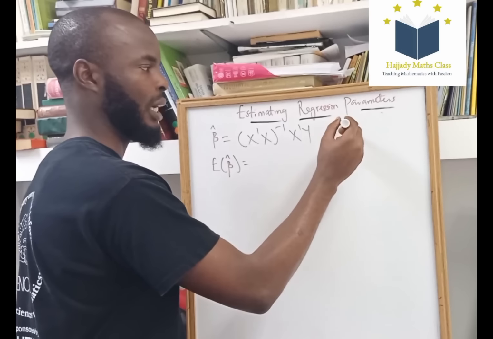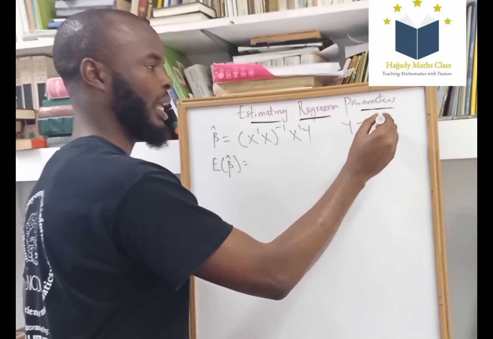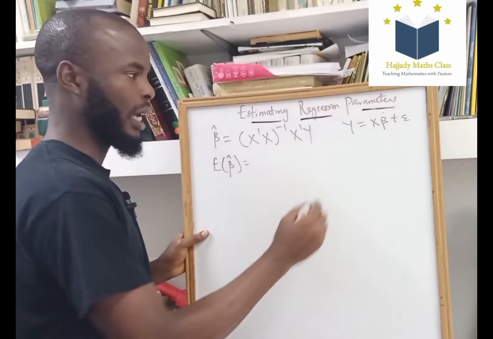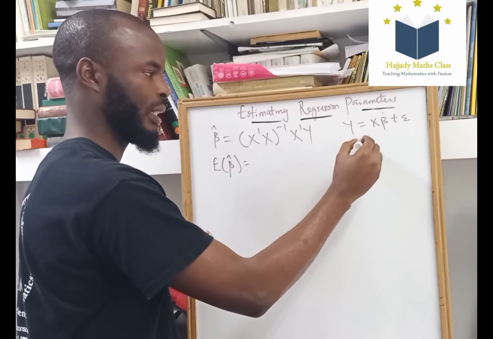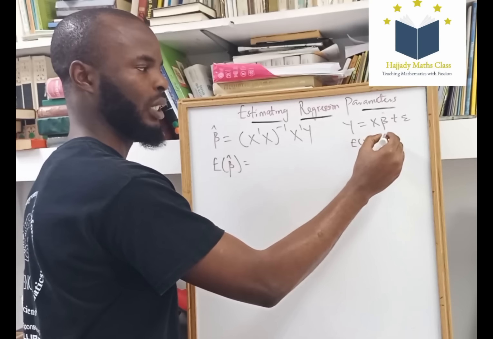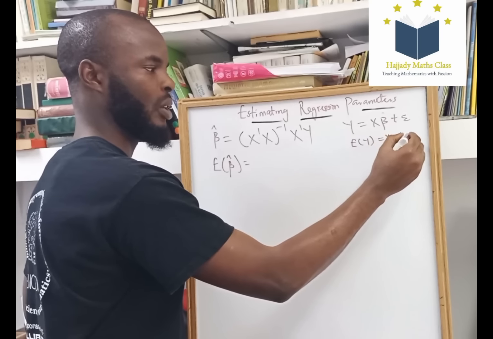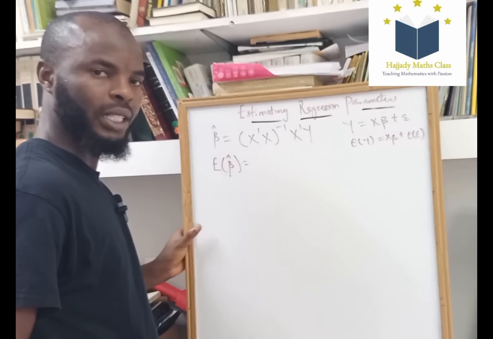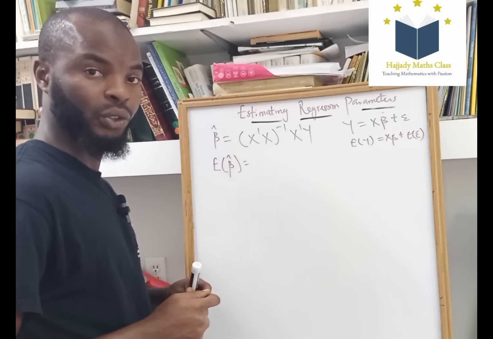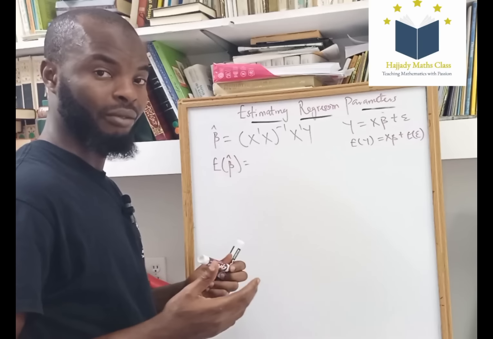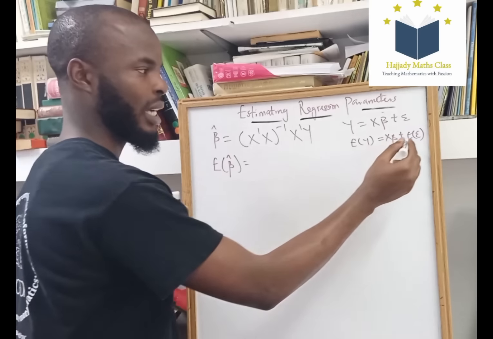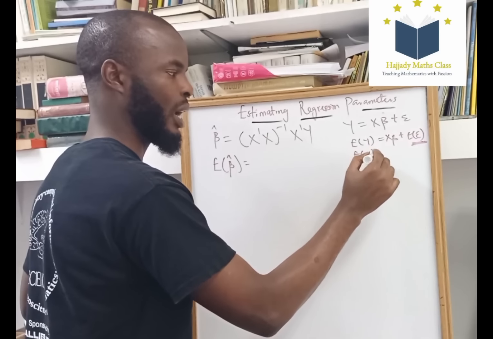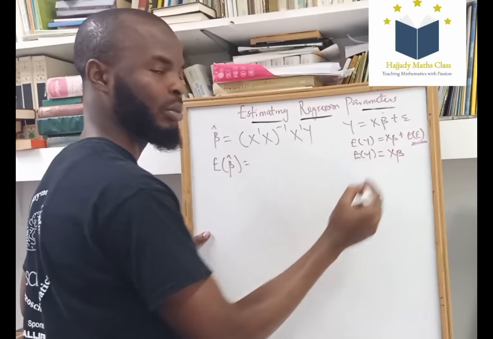And don't forget that we have y equals Xβ plus ε. The expectation of y is going to be Xβ plus the expectation of epsilon. And recall that our epsilon follows a normal distribution with mean 0 and variance sigma squared. That shows that the expectation of epsilon is going to be 0. So our expectation of y is going to be Xβ.